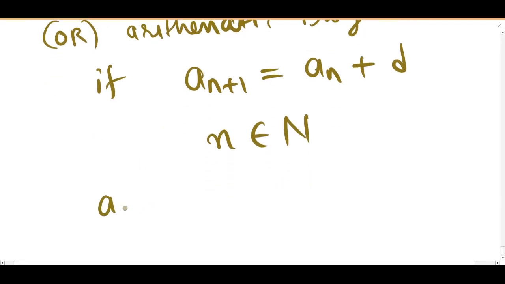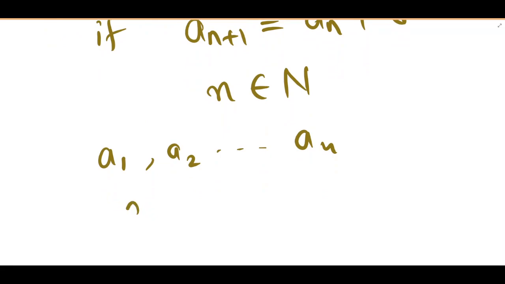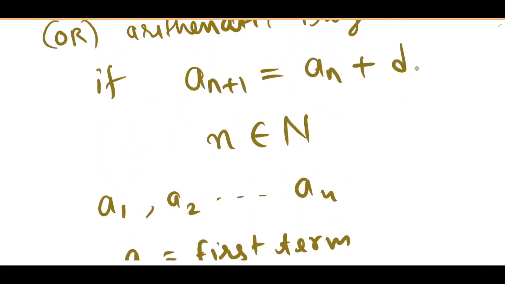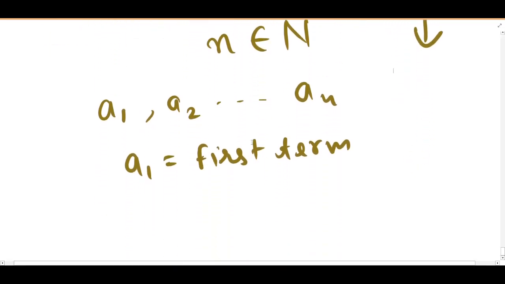In the sequence a1, a2, up to an, a1 is the first term, and d is the common difference between two terms.